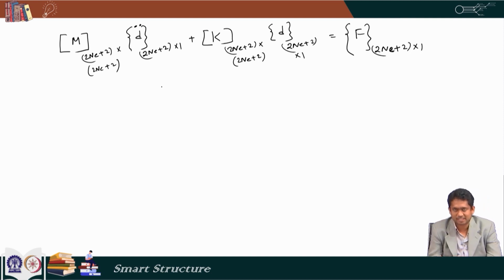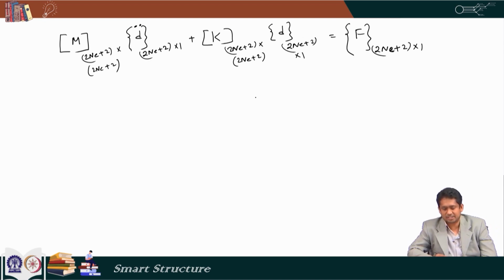So, that is our global finite element equation and then after that we can put the essential boundary conditions.